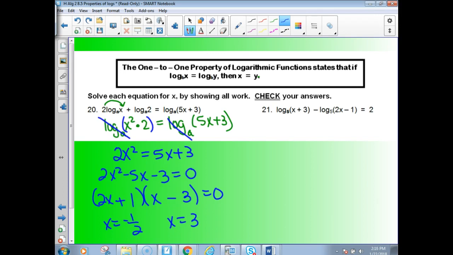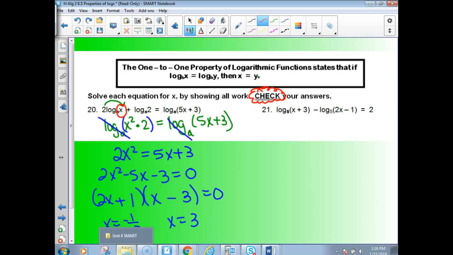Now I need to check my answers. There's a little notation right there to check. Make sure they're viable solutions and not extraneous. So if I put negative 1/2 into the original problem, there's a problem right there. You can't take the logarithm of a negative number.